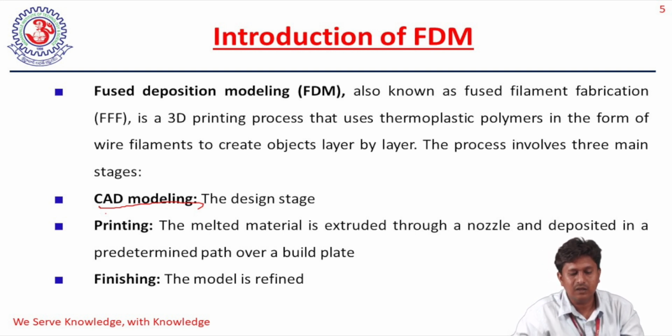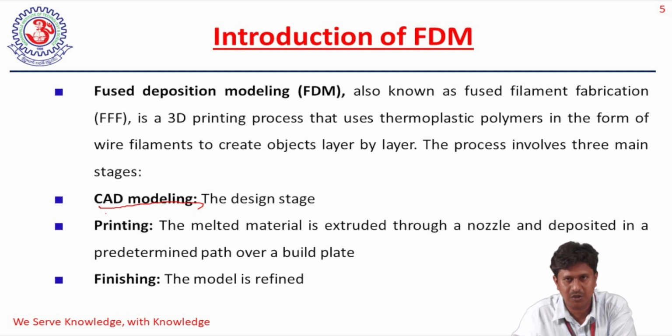And another one is the finishing stage. Here the quality and characteristics of the component will be defined. Finishing, tolerances and dimensional accuracy are most important, and they will be modified and refined in the finishing stage.